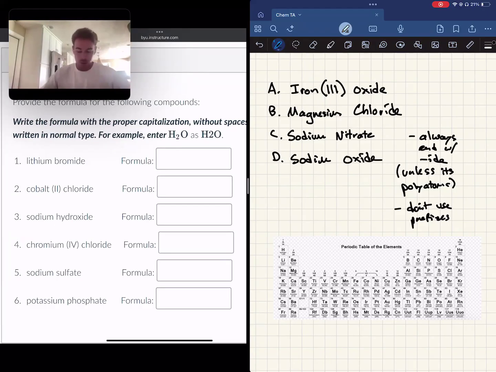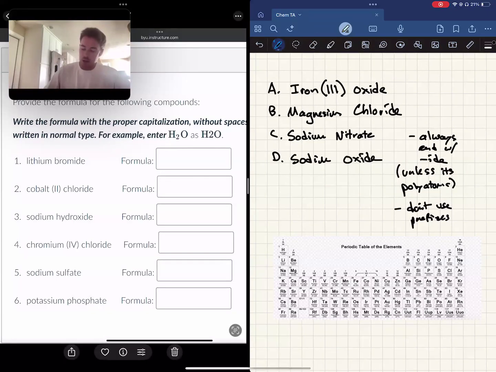For example, potassium phosphate. If it says potassium phosphate and it wants you to write that down, that's the one on the bottom here. What's potassium? Potassium is K, right? Which is right here. Phosphate is PO4 3-.